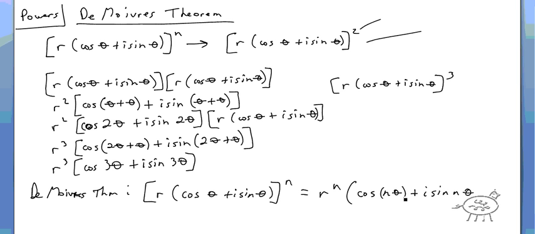So this guy is really in parentheses here because it's cosine and sine of those. So let's change this into a bracket. And that's your answer. It's pretty simple. That is De Moivre's theorem.